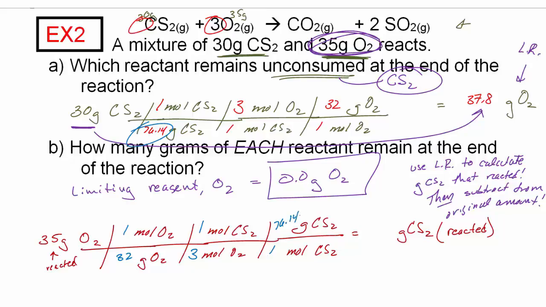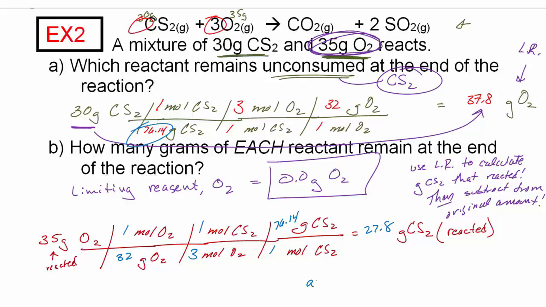So 35 divided by 32 divided by 3 times 76.14, about 27.8. 27.8 grams of carbon disulfide reacted.